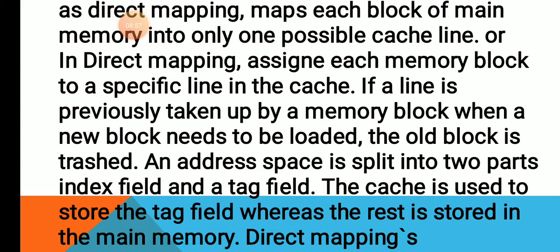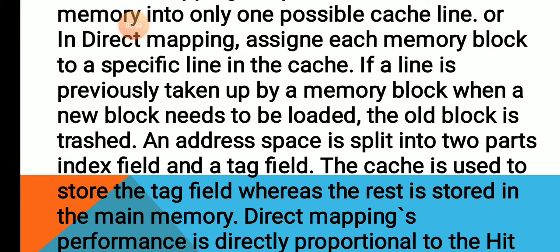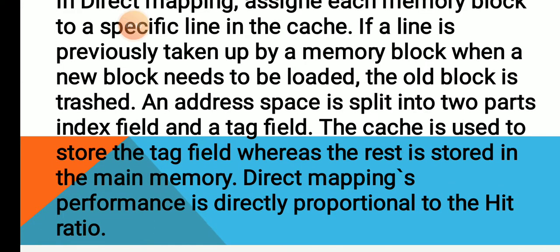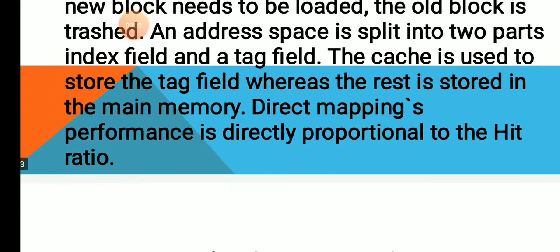An address space is split into two parts: the index field and the tag field. The cache is used to store the tag field, whereas the rest is stored in the memory. Direct mapping performance is directly proportional to the hit ratio.